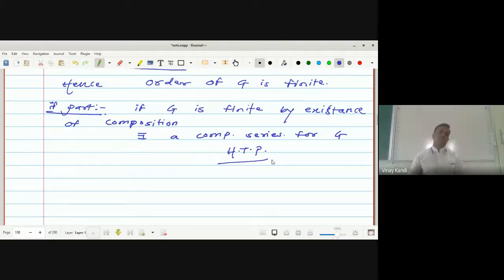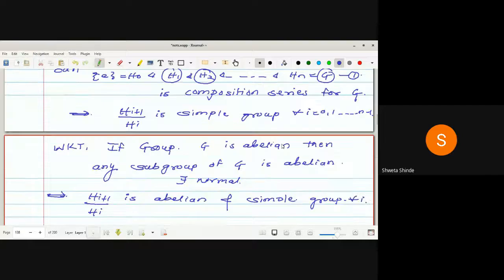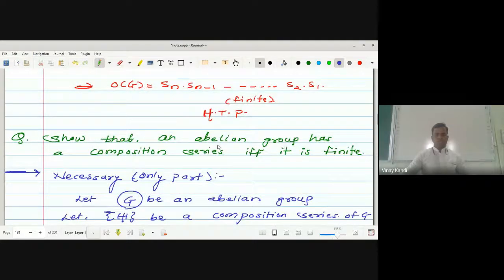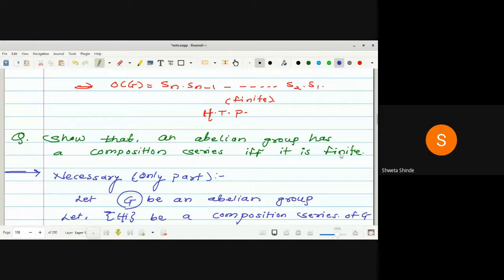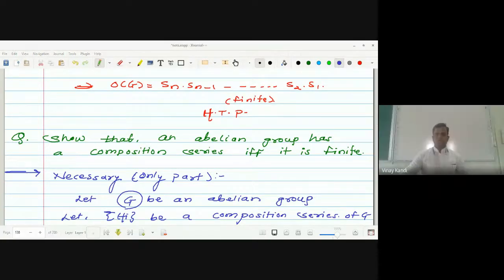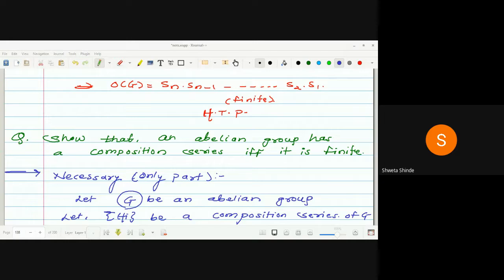Any doubt? No, sir. So a group is abelian with a composition series if and only if it is finite. Okay, any doubt up to here?